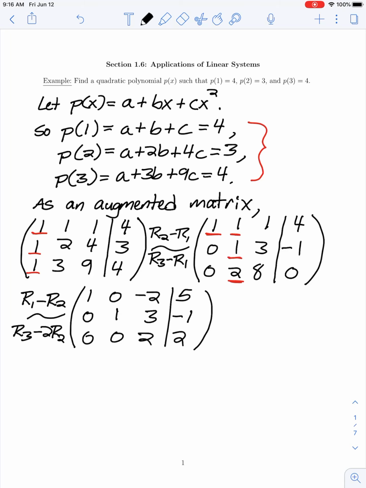In my last row, I want this leading entry of 2 to be 1. An easy way to transform that to a 1 is to divide my third row through by 2, or equivalently take half of my third row, which would make my third row 0, 0, 1, 1.